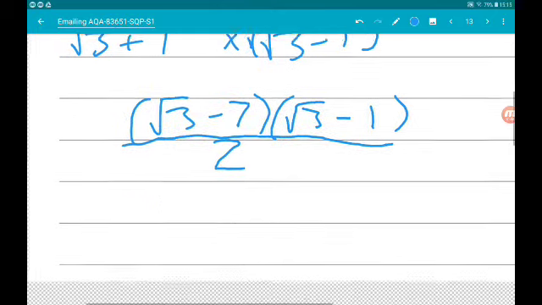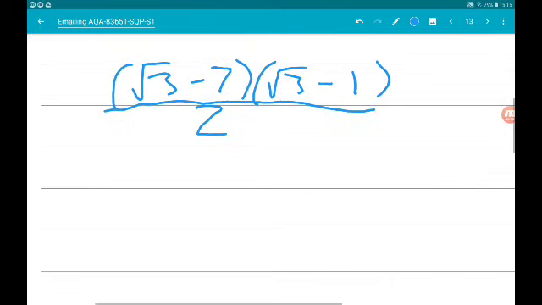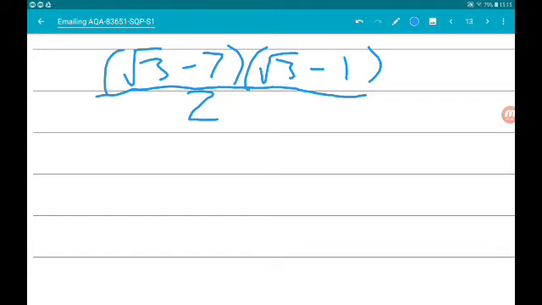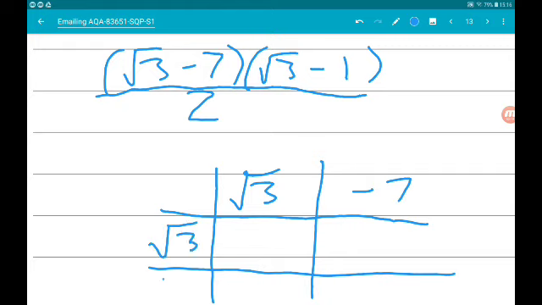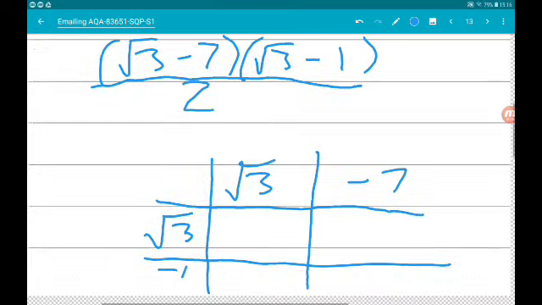Okay, so now we need to expand these brackets on the top. I would recommend using a table. So put one bracket across the top, so root 3 and minus 7, one bracket down the side, root 3 and minus 1.